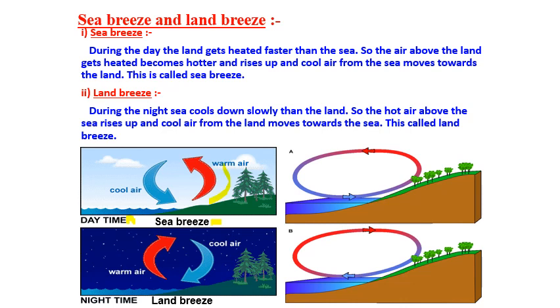The air over the land becomes hotter and rises up, but the cooler air from the sea rushes in towards the land to take its place. This is rising up, and who is coming to take its place?